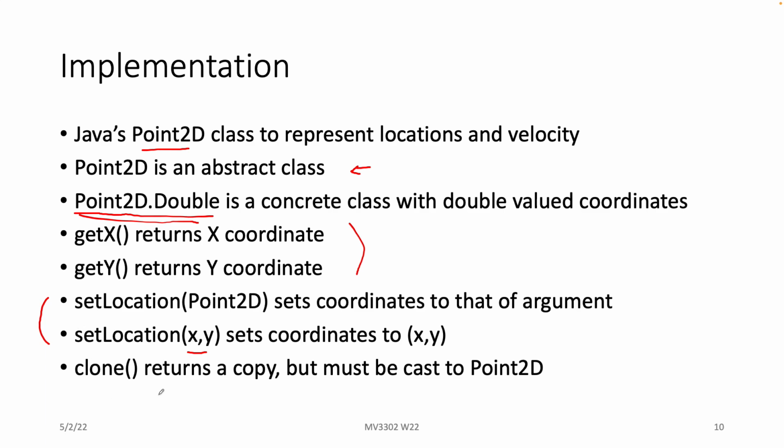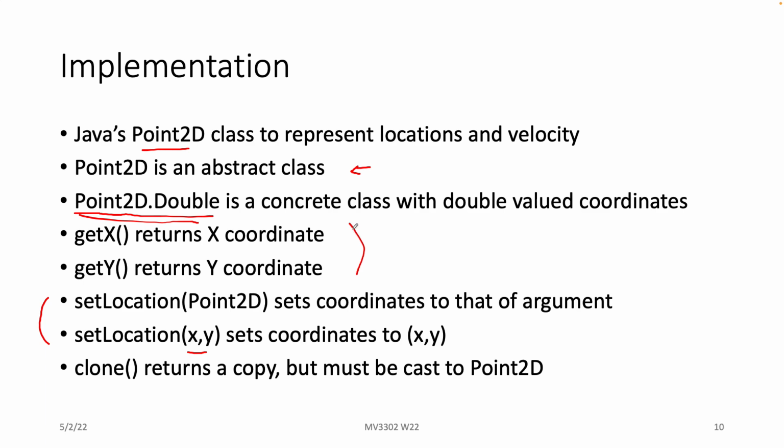And then finally, since these are objects, and if you remember, especially when dealing with state variables, we have to be a little bit careful in terms of encapsulation. So when it comes to setters and getters, for example, we will typically want to return a copy. Point2Ds have a clone method that will return a copy of themselves.